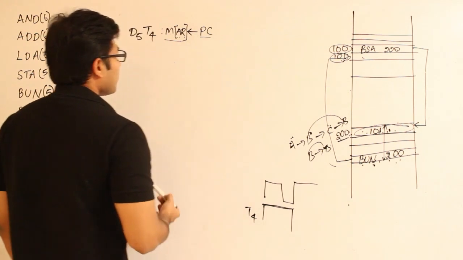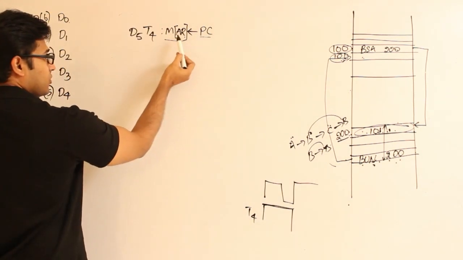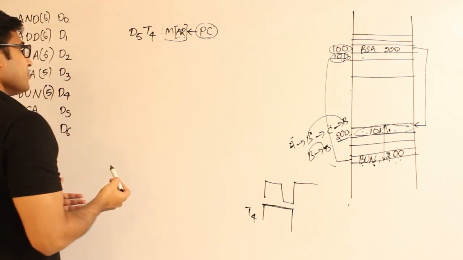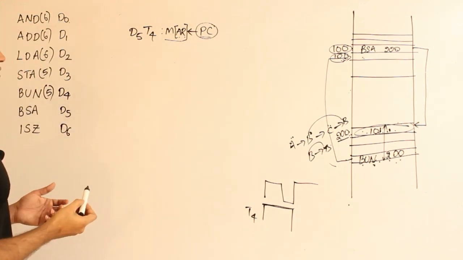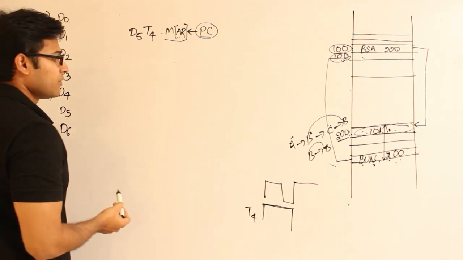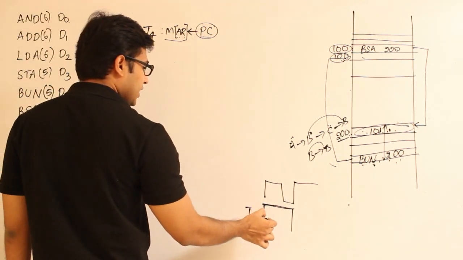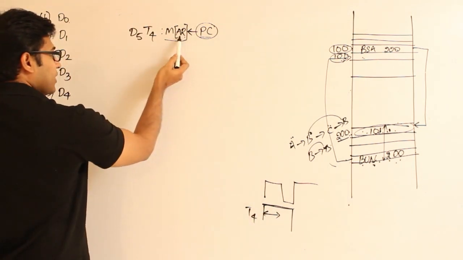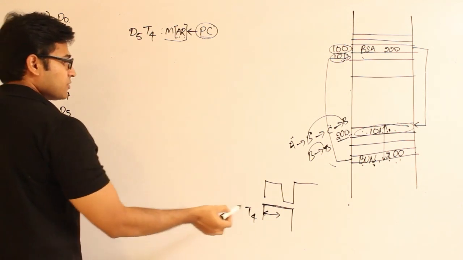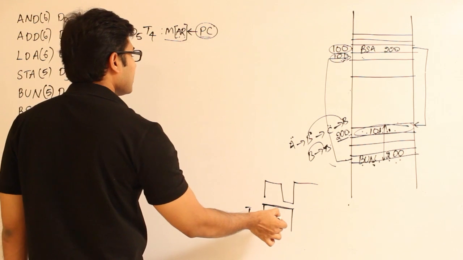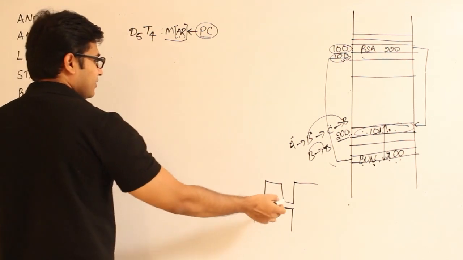Okay. Now when you are trying to load PC onto this, the contents of PC are always available, and anytime you select the bus multiplexer, PC will immediately be available. Therefore PC can be kept on the bus right in the beginning, right? And AR is already connected to the memory bus, which means the address is also available to the memory anywhere here, right? And so it can be done right away.